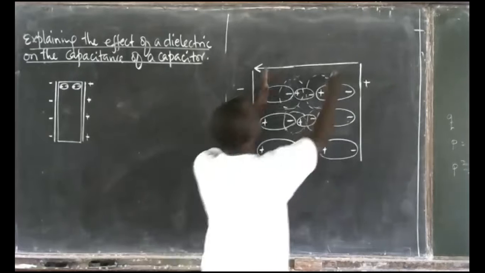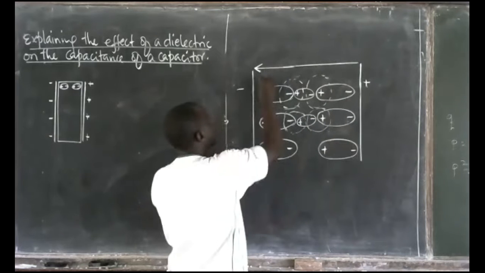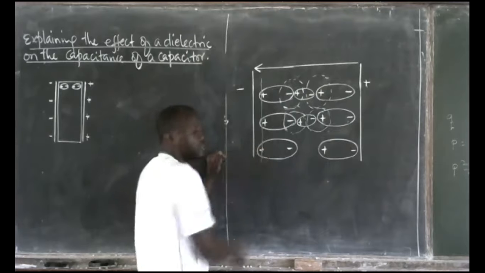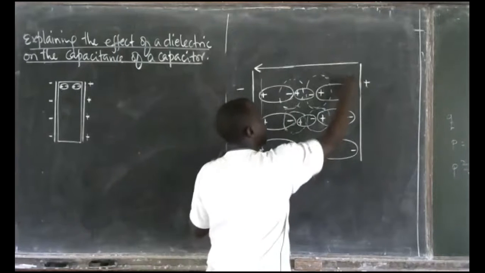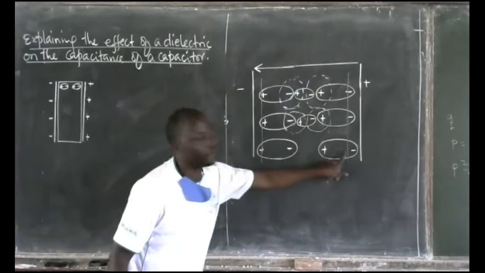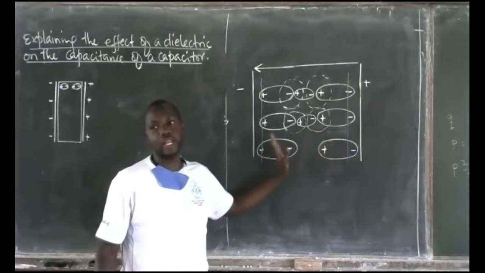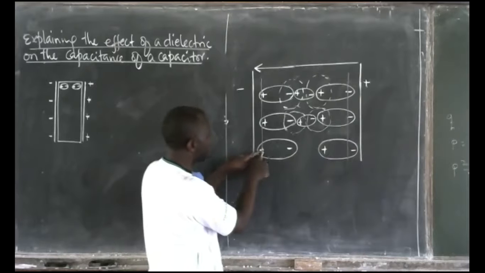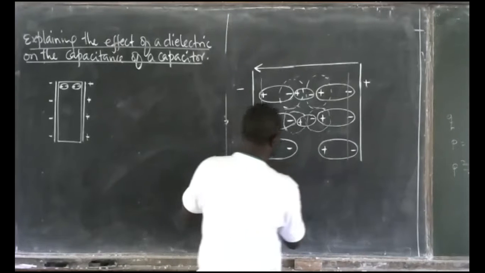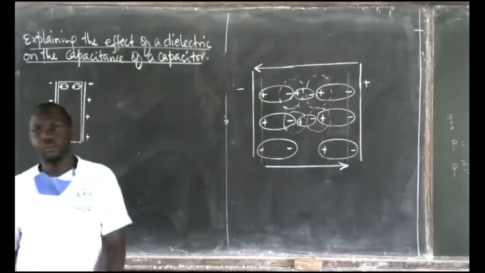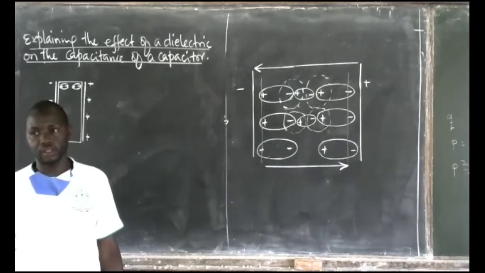But after inserting the dielectric, we are again creating a positive charge along this line, and a negative charge along this line. Meaning we are creating another electric field between the faces of the dielectric, which will be facing where? From positive to the negative.